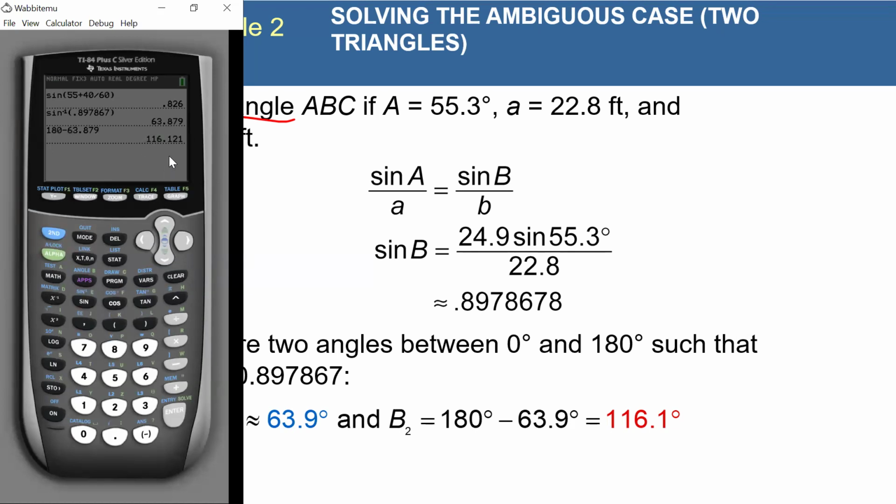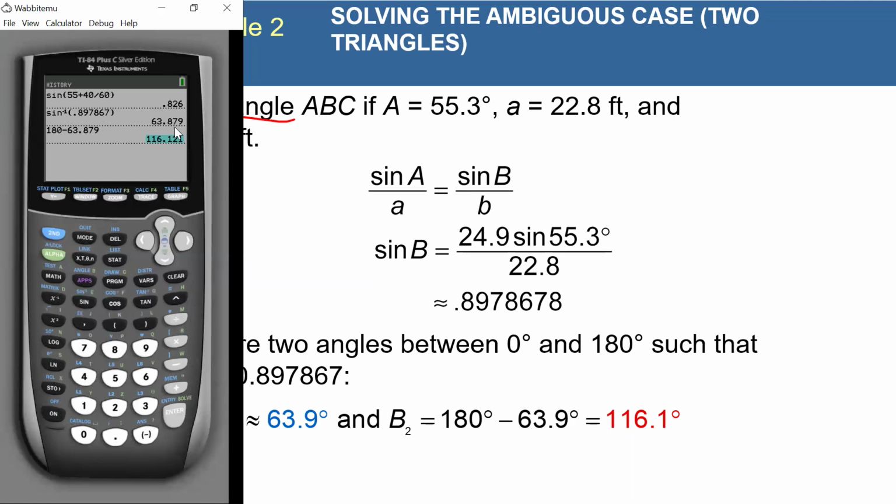So now we have our 2 options for B. B can either be 63.9 degrees or B can be 116.1 degrees.